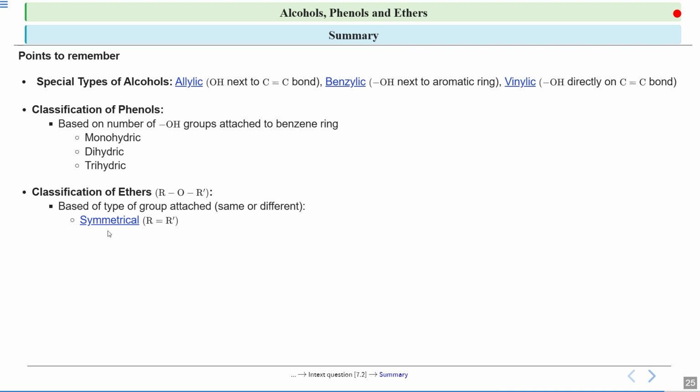If R is not equal to R prime, the alkyl or aryl groups are different on both sides of oxygen, then that ether is unsymmetrical. Here R and R prime can be alkyl or aryl groups, either benzyl, ethyl, or methyl.